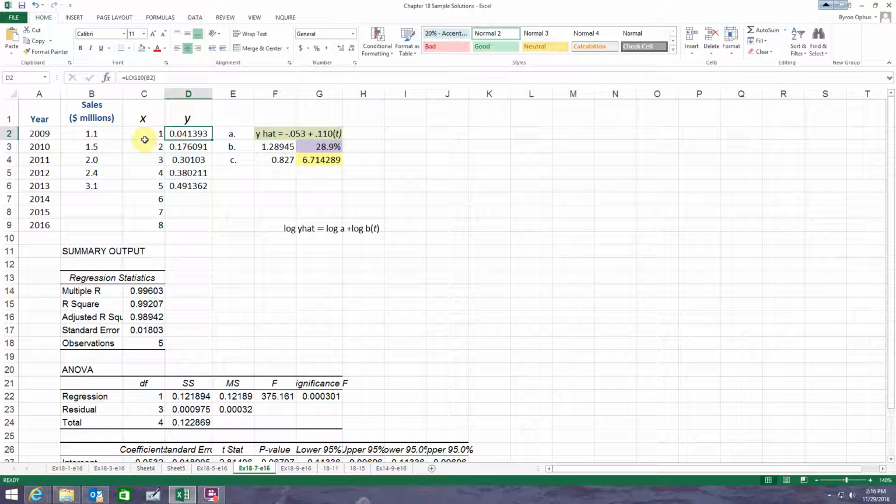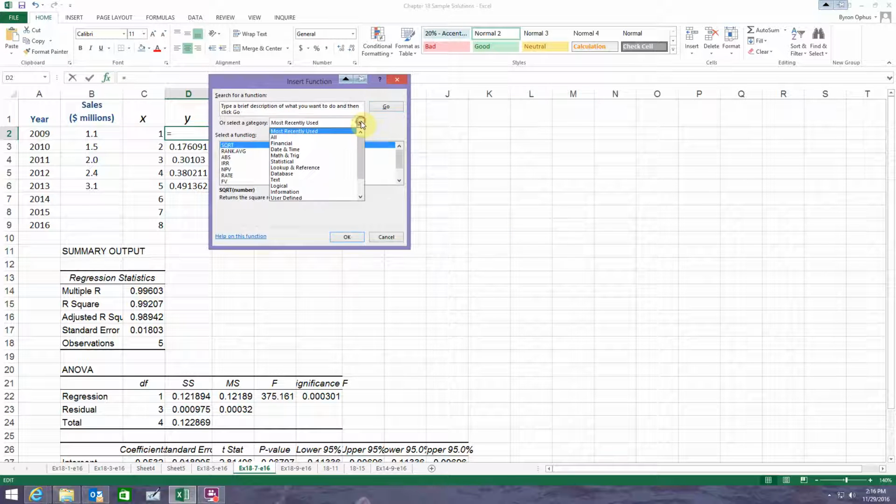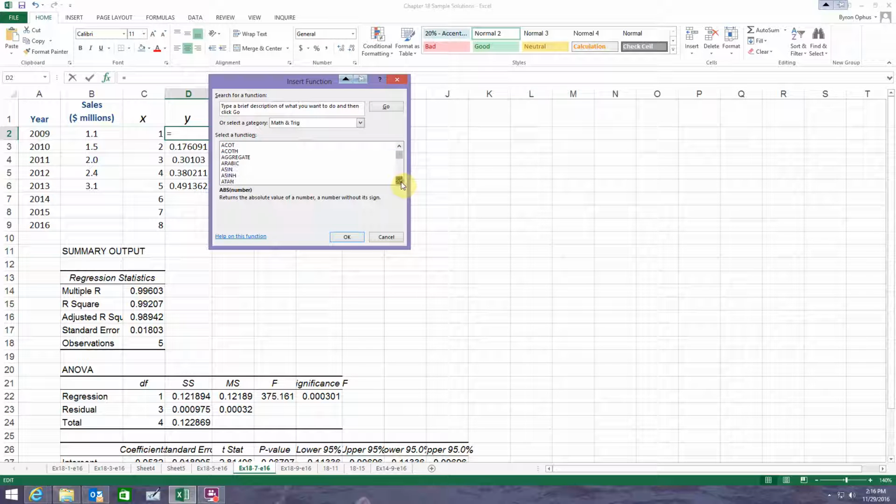Well, I know logarithm sounds kind of scary, but it's actually fairly easy, right? Okay, so I just come to my function thing, and I believe it's mathematical and trigonometry. Let's go see if that's got log in it. There's log, and what we want is log 10.